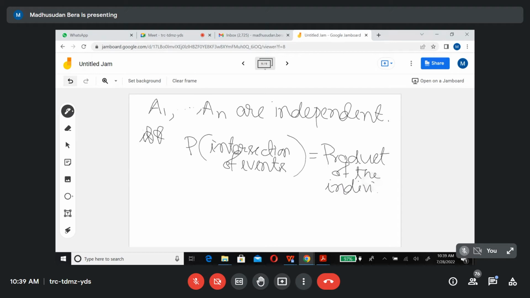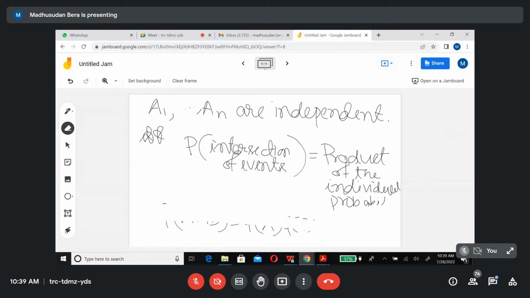See how we are generalizing the thing. Two events A and B are independent if P(A intersection B) is P(A) into P(B). Using that we are generalizing. For two events they are independent, P(A intersection B) equal to P(A) into P(B). The same thing we will apply: the probability of the intersection of the events is equal to the product of their individual probabilities.